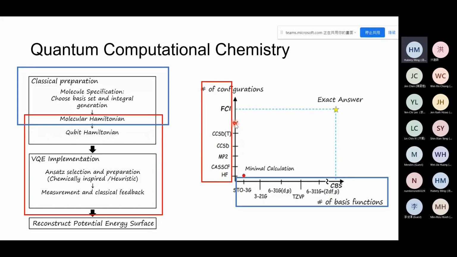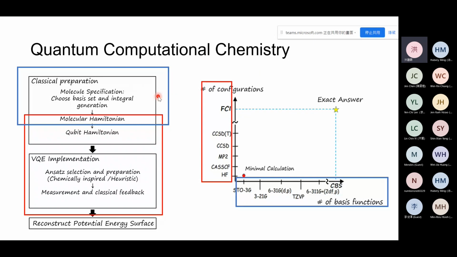Yeah, I see. So when you mentioned the correlation from quantum information, you mean you do the calculation before putting it into the real simulation? Yeah, that is from this blue part. Here we can also input some quantum information theory techniques, since orbital and orbital have classical correlation and quantum correlation.